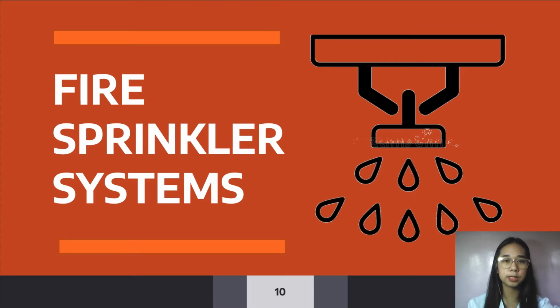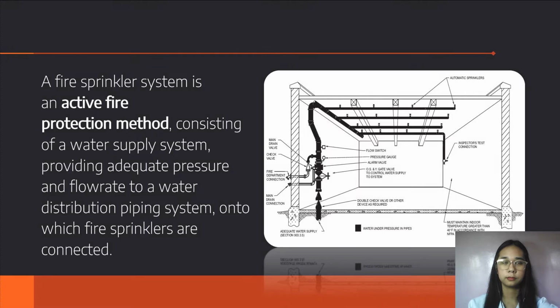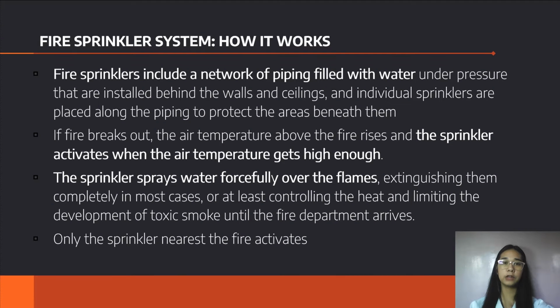Now, let us proceed to the fire sprinkler systems. A fire sprinkler system is an active fire protection method consisting of a water supply system providing adequate pressure and flow rate to a water distribution piping system onto which fire sprinklers are connected. How does a fire sprinkler system work?